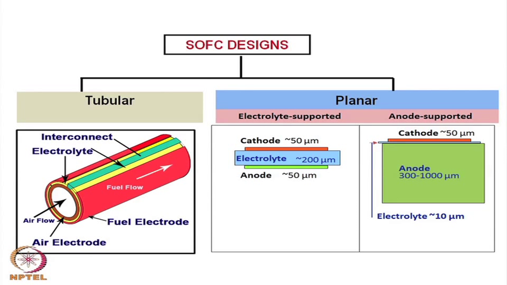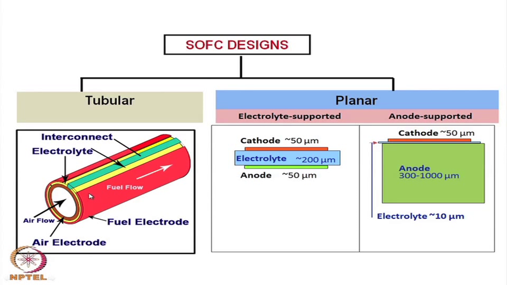So, the support tube is a porous cathode, maybe strontium doped lanthanum manganite. Okay. So, you make powders of that and then fabricate a porous tube. Over that one deposits a thin layer, the yellow one basically, a thin layer of electrolyte YSZ, and then you have to have another anode on top of that.